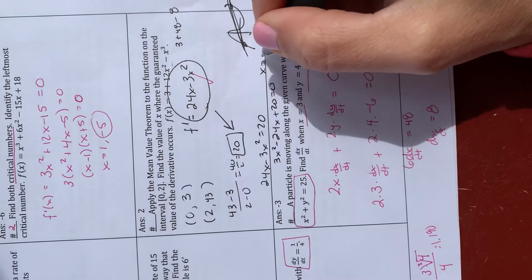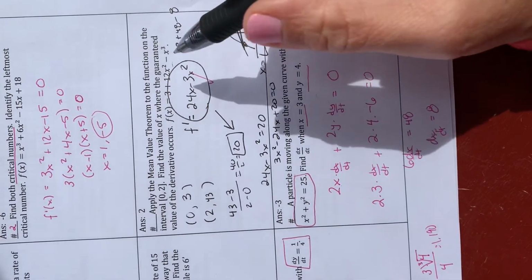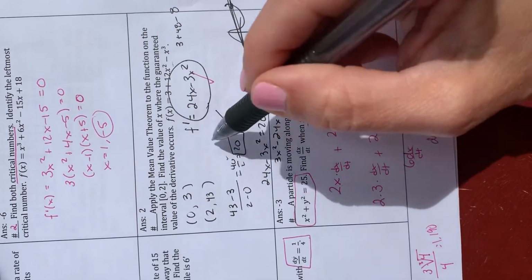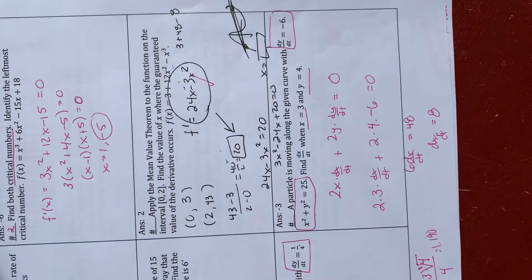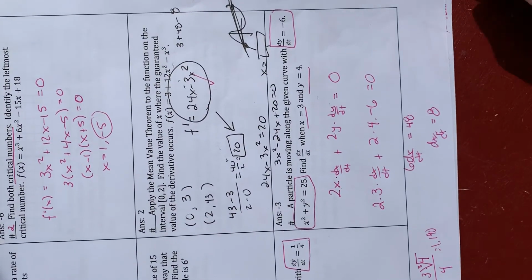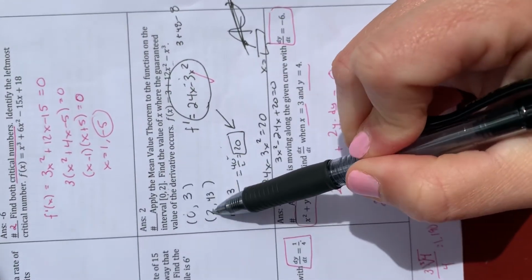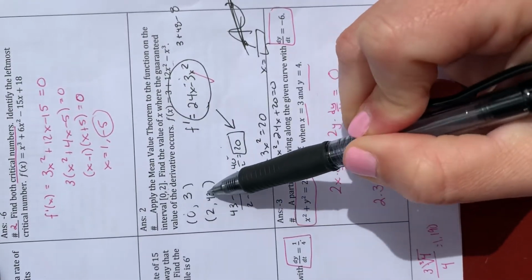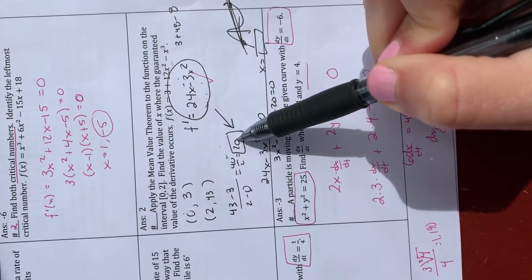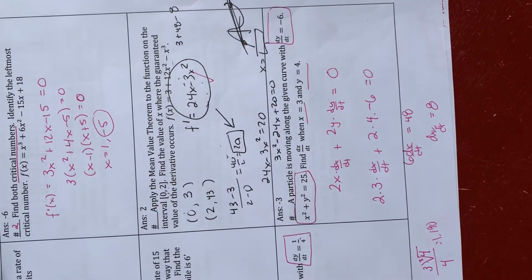I'm going to get 2 answers. Whatever those 2 answers are, those are the 2 places on the x-axis where the function is going to have a slope of 20, which will match the slope of the endpoints. But if the y is confusing to you, don't worry about it. Take the interval, those are 2 x values, plug them into the original to get the y's, find the slope between the 2 points. Set the derivative equal to that slope. And that's how you find the x values they're talking about.